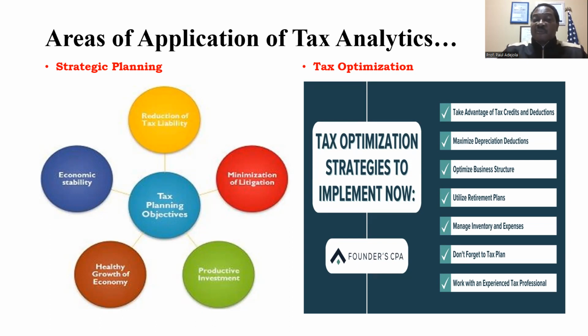And as we can see from the screen, tax planning objectives: the reduction of tax liability, economic stability, minimization of litigation, healthy growth of economy, productive investment. That's part of what we see in strategic planning as an area of application of tax analytics.